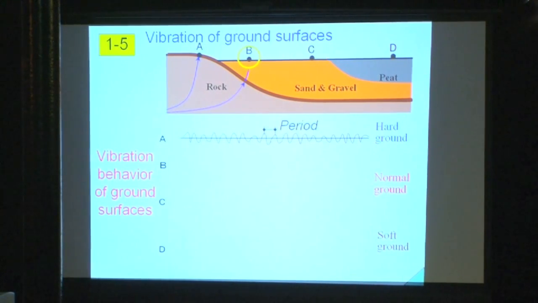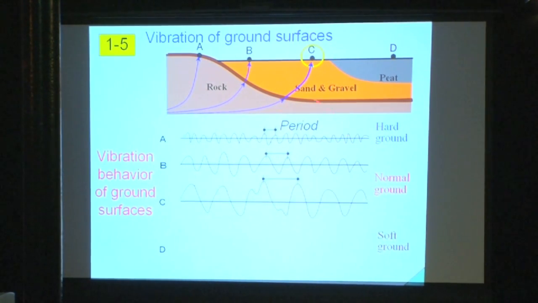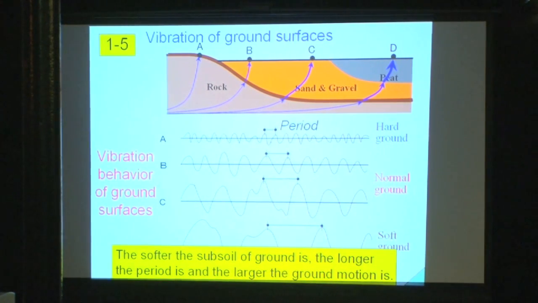At points B and C, the vibration is moderate because they are on normal ground. At point D, on soft ground, the intensity of vibration becomes very large. Therefore, we can say the softer the subsoil is, the larger the period is, and the larger the ground motion is.